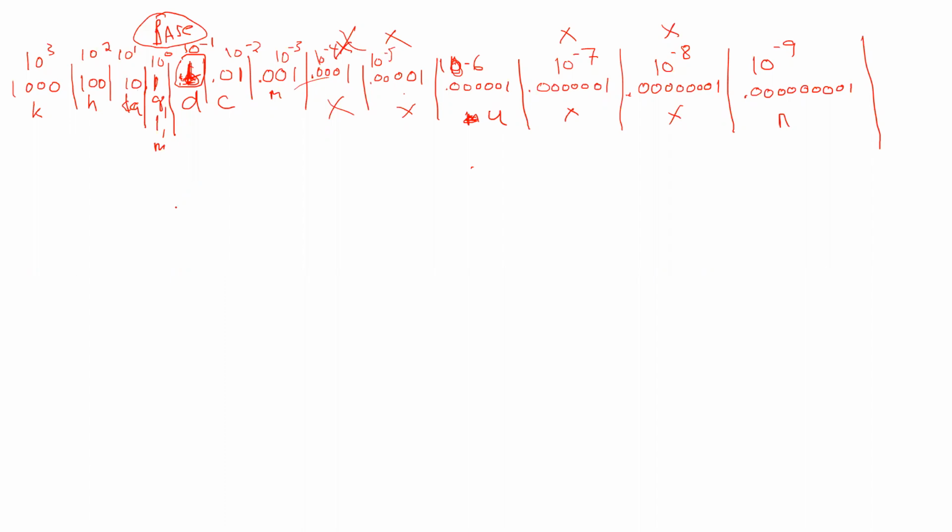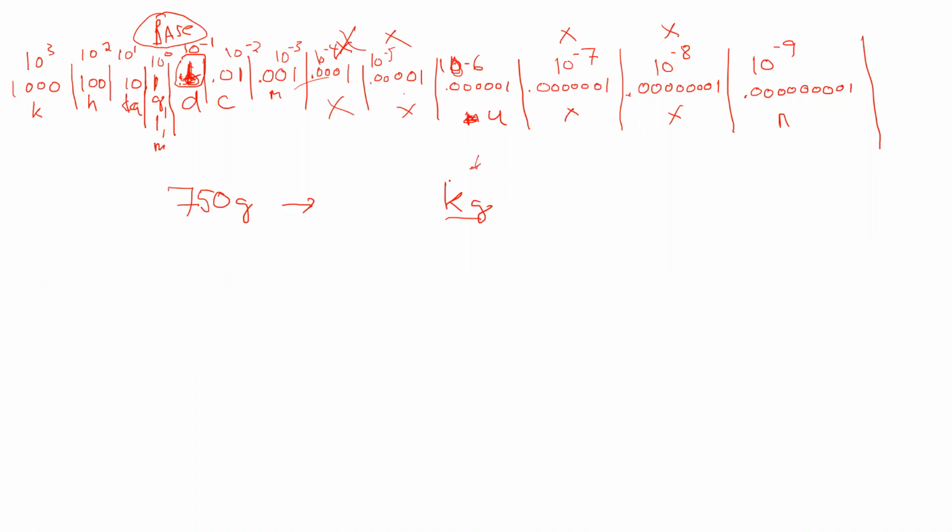So let's do a practice, right? Let's say we have 750 grams, and we want to convert that to kilograms, which is a bigger unit, right? There's 1,000 grams in 1 kilogram. So this number is going to be smaller.